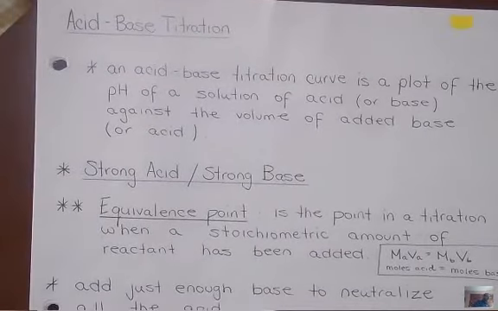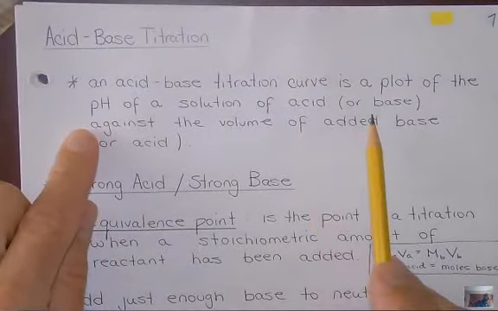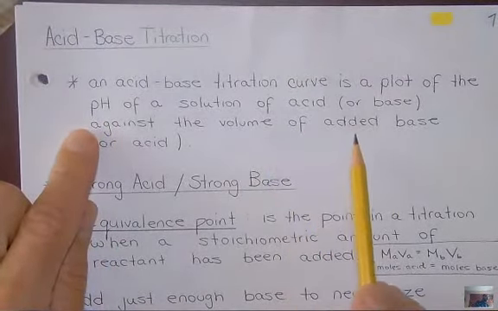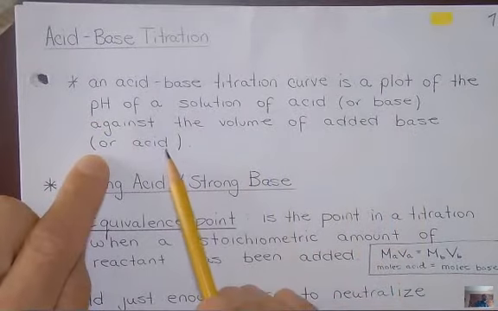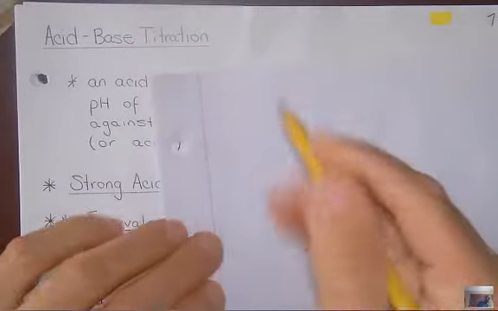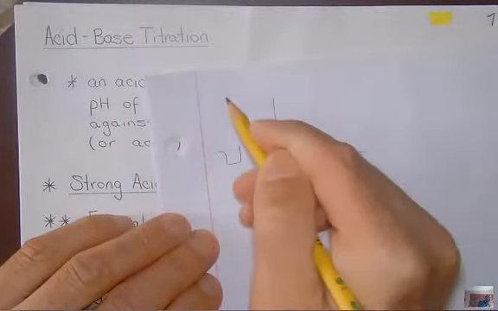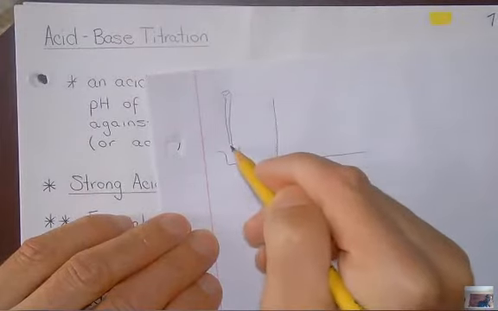So an acid-base titration curve is a plot of the pH of a solution of the acid or base against the volume of the added base or acid. In our case, we did the titration of a strong acid, that's what goes in the beaker at the bottom, with a strong base.